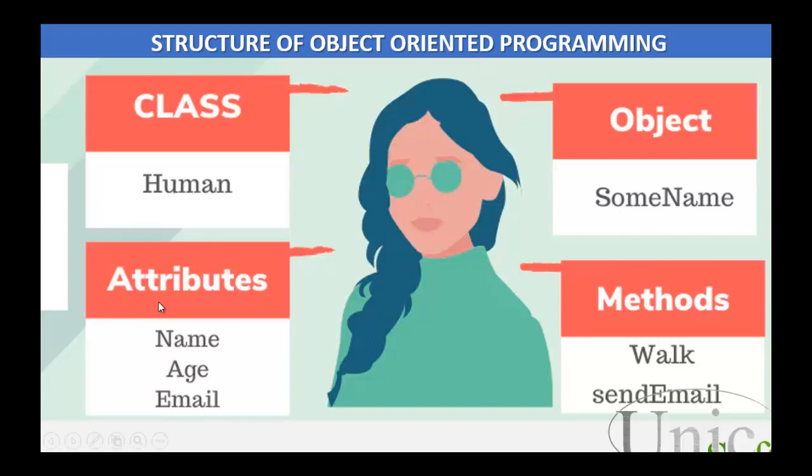Then we can have other attributes like the name of the person itself, her age, her email, and stuff like that can now be seen as the attributes of this image. Then we have methods like she can walk, she can sit, compose an email and actually send it to where it belongs.